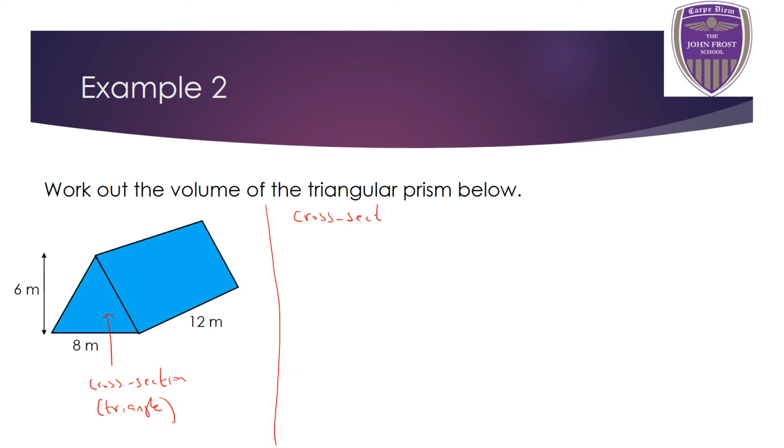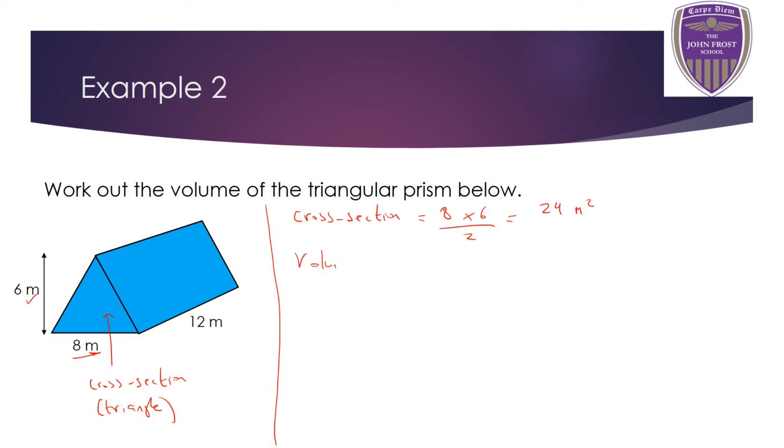So the cross section area is the base, which is 8, times the vertical height, which is 6, divided by 2. 8 times 6 is 48. 48 divided by 2 is 24. This time it's going to be meters squared because I've got meters in my units.